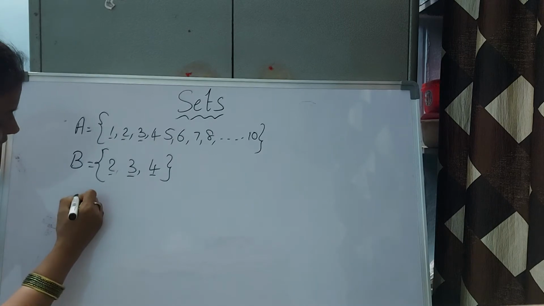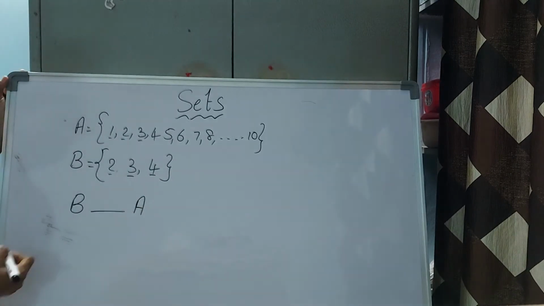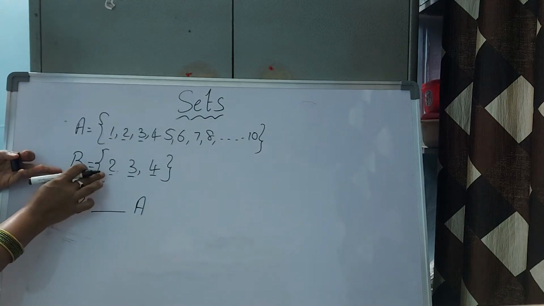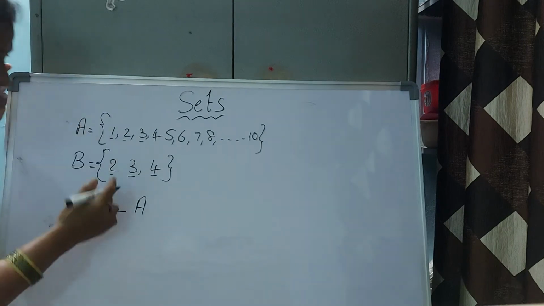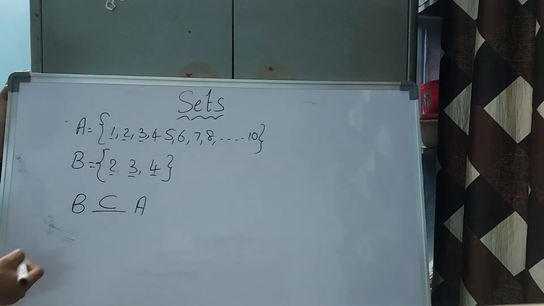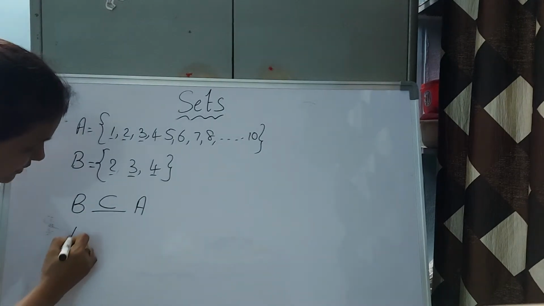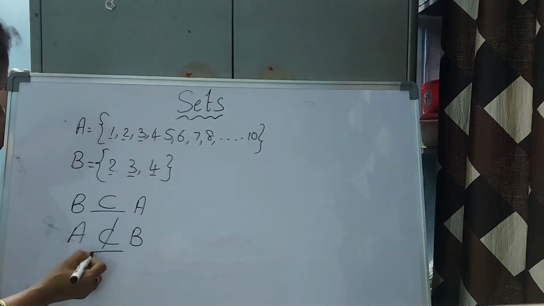B is a subset of A. That means the elements 2, 3, 4 are also present in set A. That's why we write B is a subset of A. Is A a subset of B? No, it is not a subset.